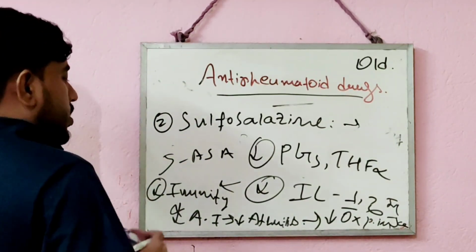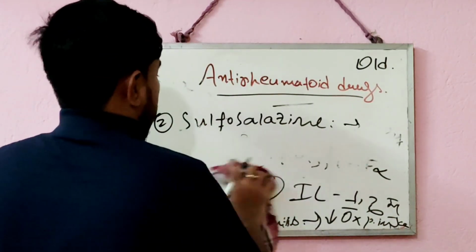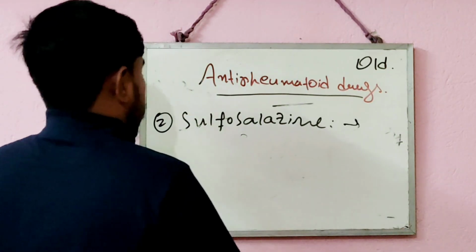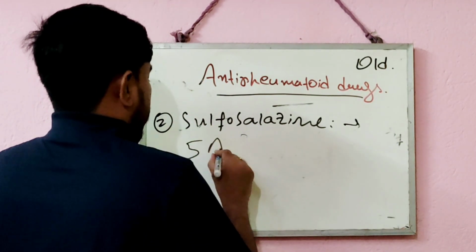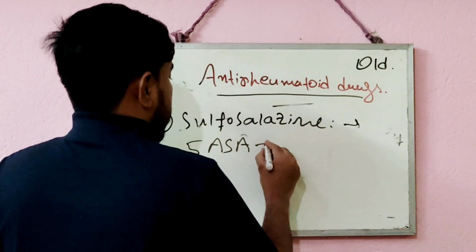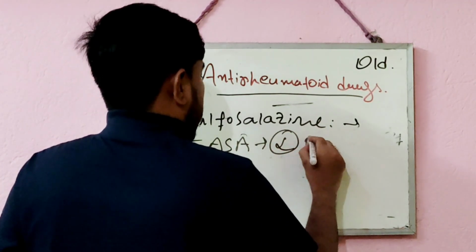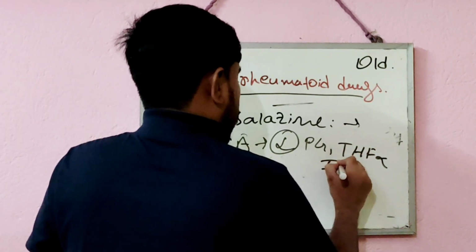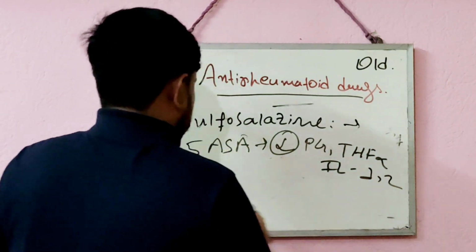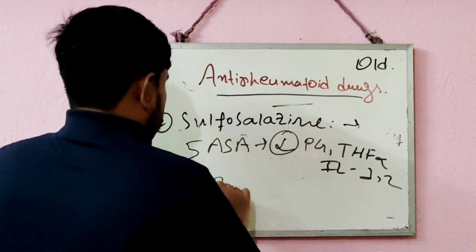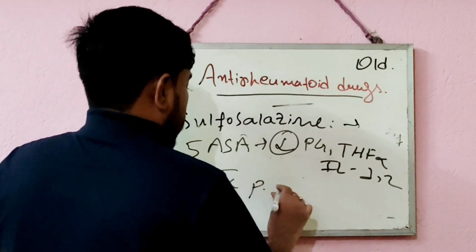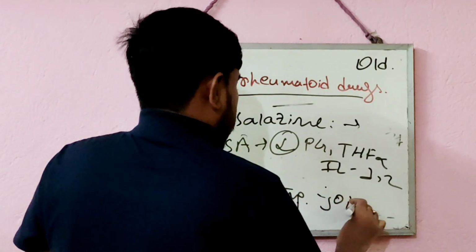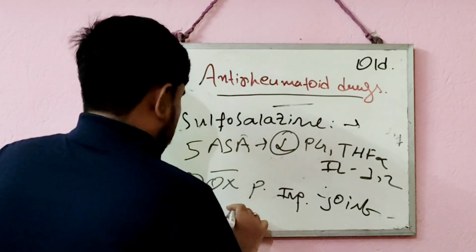So how does sulfasalazine act? When sulfasalazine is taken orally, it goes through intestinal metabolism and is converted to 5 amino salicylic acid, which decreases the production of PGH, TNF alpha, and interleukins 1 and 6, and it also reduces oxidative phosphorylation in inflamed joints, and it leads to the treatment of arthritis.